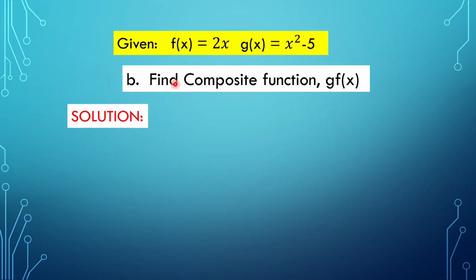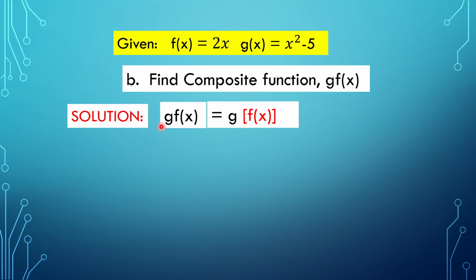Okay, another example. Here we are using the same functions f(x) and g(x), but the question now is to find the composite function g(f(x)). So to start with, identify the inner function. The inner function now is f(x). So change the f(x) as 2x.